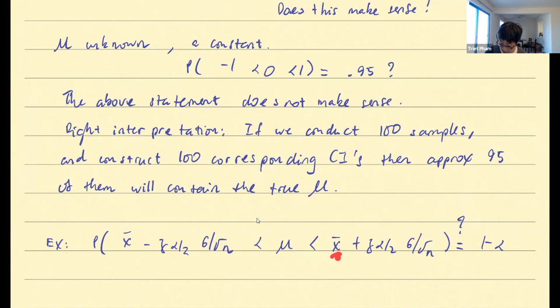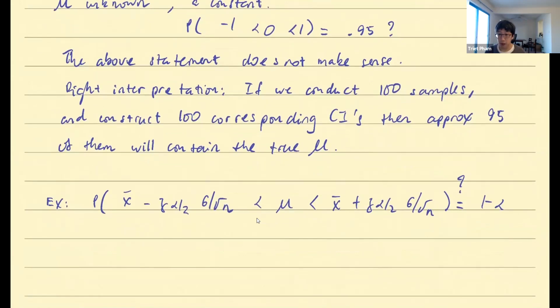Again, notice that I keep saying big X bar is a random variable. I did not form the confidence interval yet. Pay attention: the randomness falls on the X bar. Everything else is constant, deterministic. The only thing that is random is here.